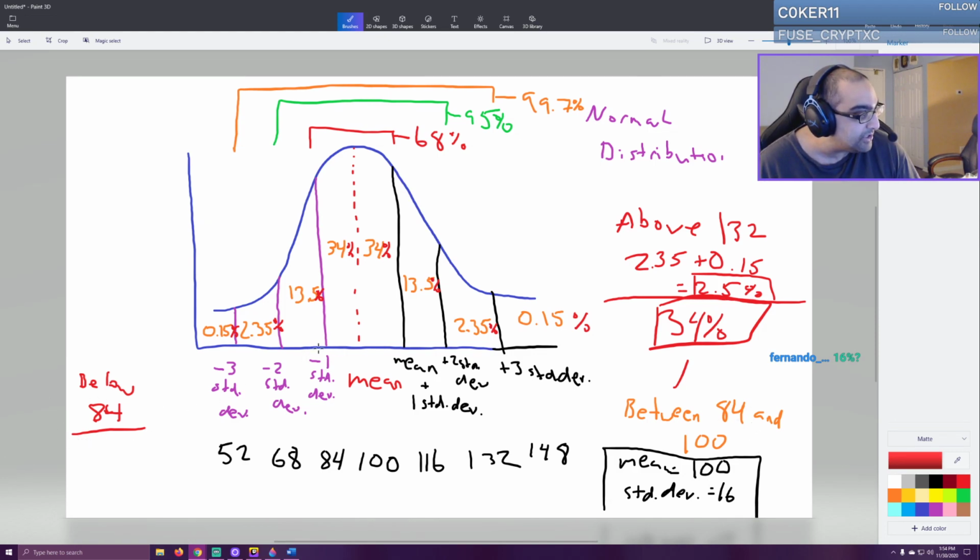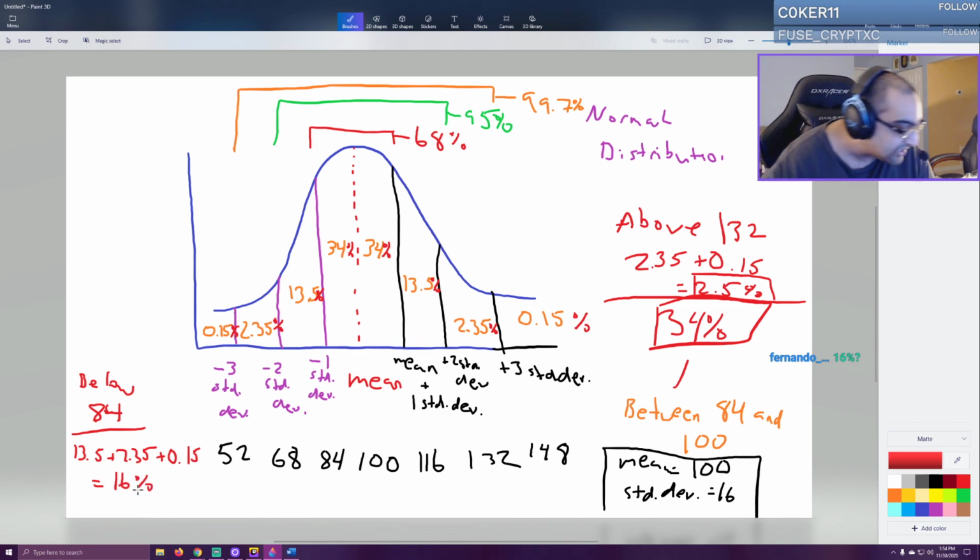Nice job, Fernando. That's correct. So 84 is right here, this first purple line. And we want to look at all the percentages below that first purple line. Well, that's 13.5 plus 2.35 plus 0.15. And so indeed, that's going to be 16% at the end of the day. That's absolutely true.